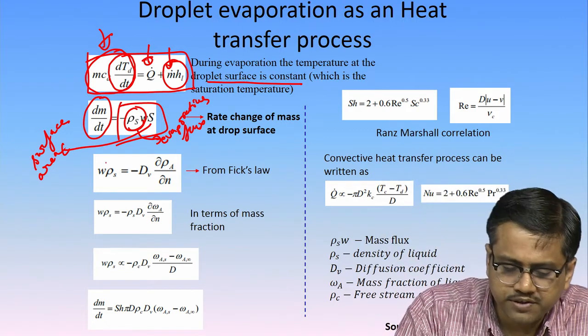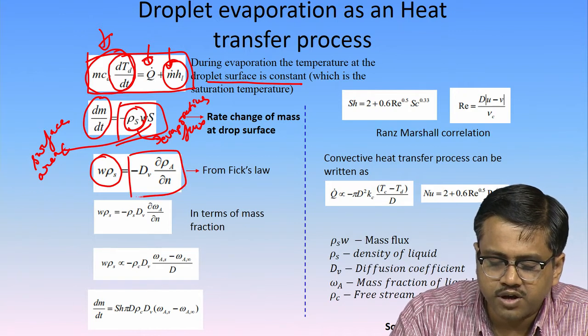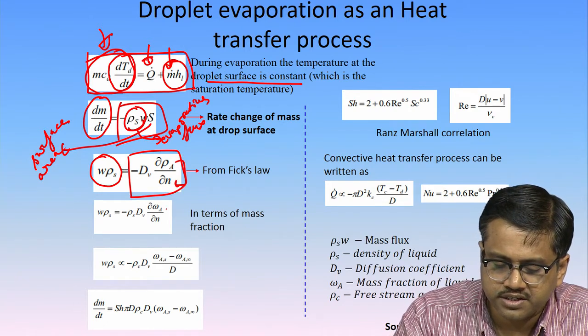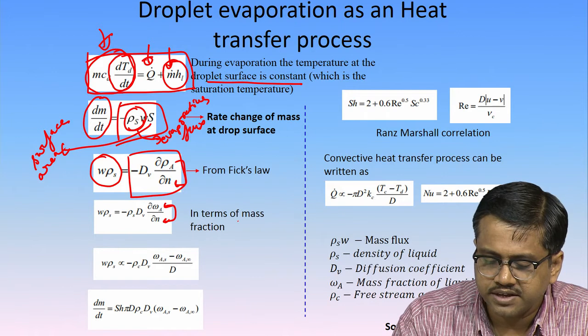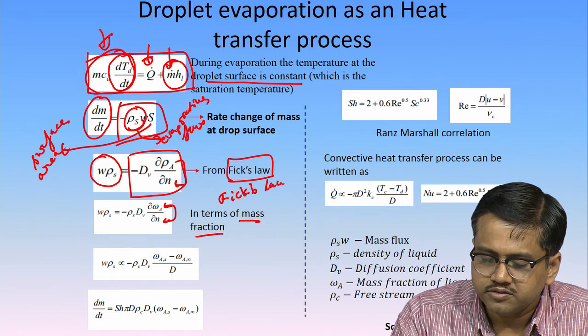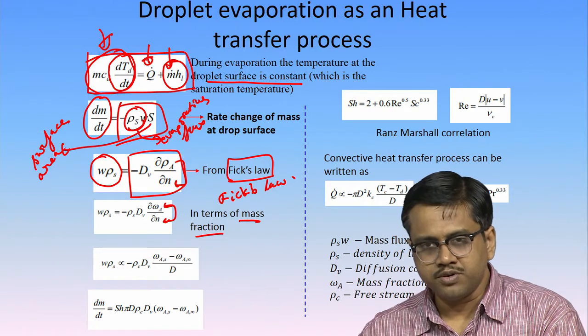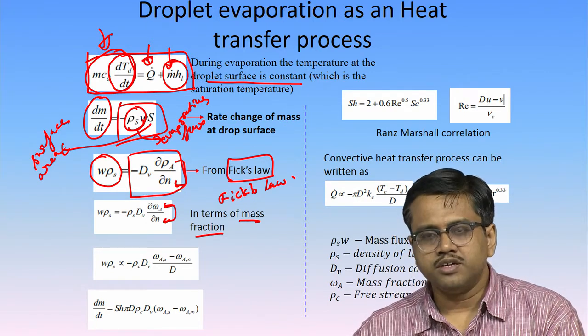Now, the evaporative flux of the droplet can be written in terms of the concentration gradient, either this or this. This is written in terms of mass fraction. This is nothing but Fick's law. Fick's law is the same as what we have in the case of thermal conduction or thermal diffusion.